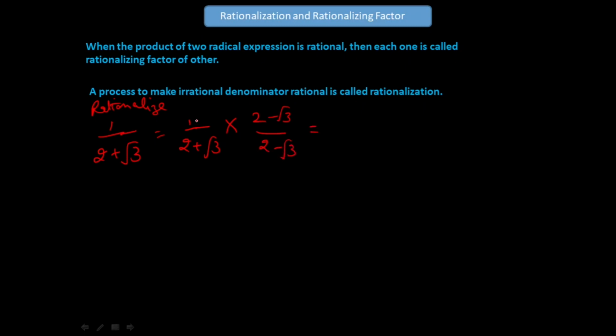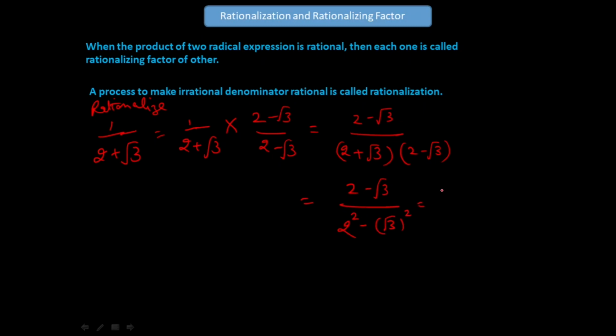Let's see what happened. 1 times the whole thing, that is 2 negative under root 3. In the denominator we have 2 positive under root 3 times 2 negative under root 3. So a plus b times a minus b becomes a square minus b square.